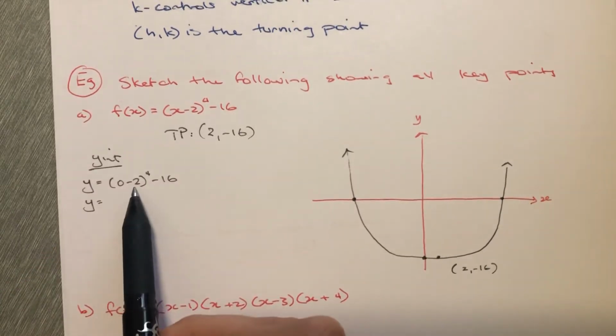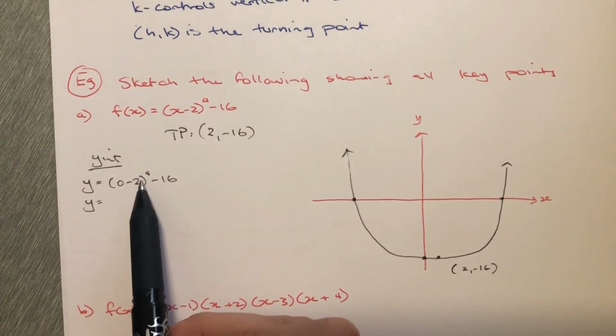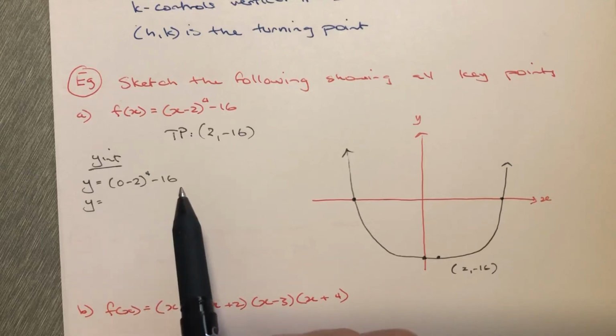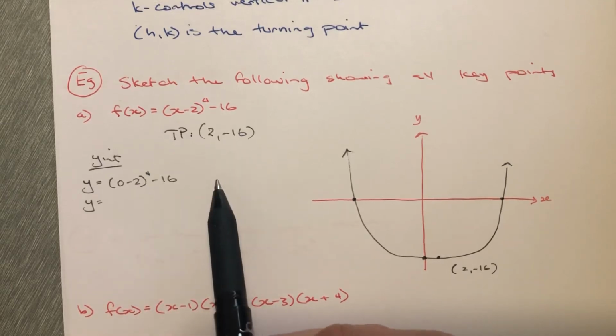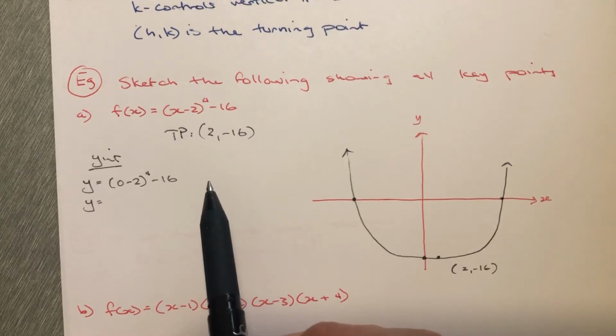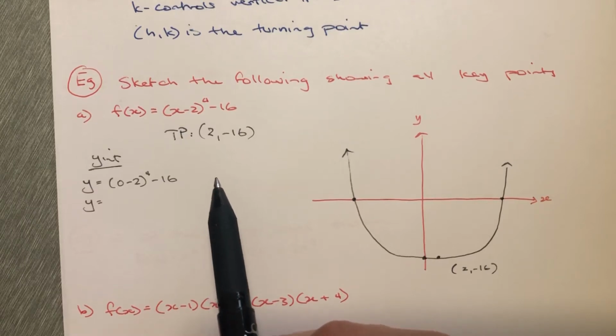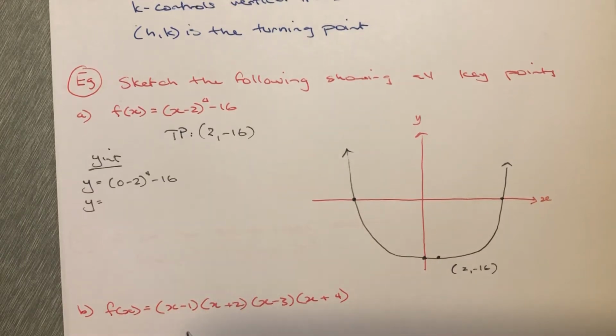Alright, so we've got -2 to the power of 4. So that means -2 times -2 times -2 times -2. Okay, so -2 times -2 is 4 times -2 is -8 times -2 is 16.